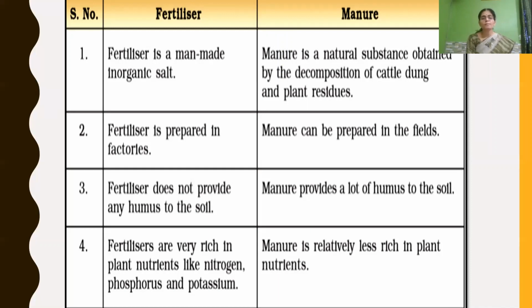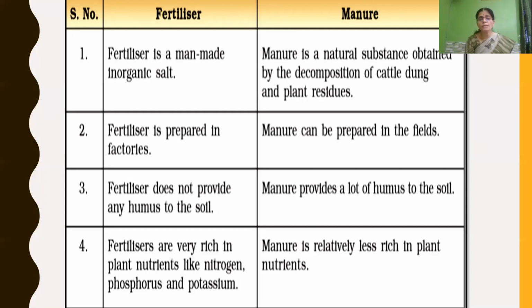Fertilizer is prepared in factories, whereas manure can be prepared in the fields. Fertilizer does not provide humus, that is fertility, to the soil, but manure provides a lot of humus to the soil. Fertilizers are very rich in plant nutrients like nitrogen, phosphorus, and potassium, but manure is relatively less rich in plant nutrients.